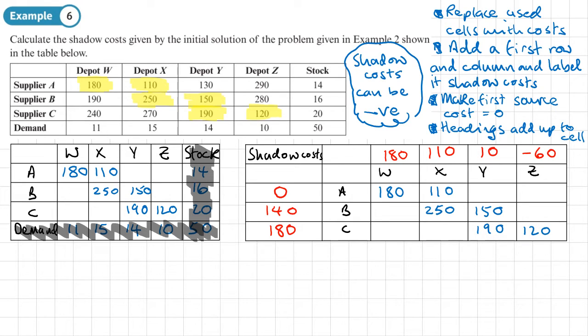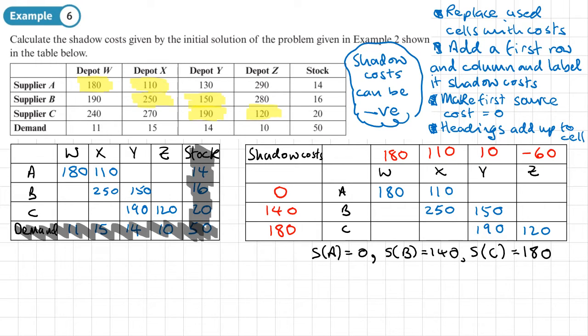And we found all the shadow costs and we can write them down. So the way that we write it is we'll use S to stand for source and D for destination. So the source cost at A is 0. The source cost at B is 140. And the source cost at C was 180.